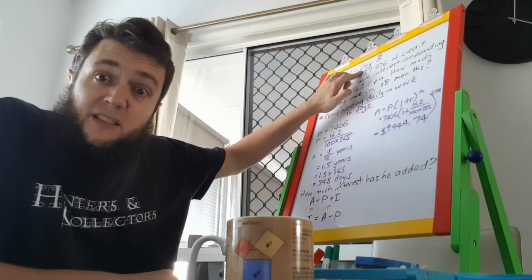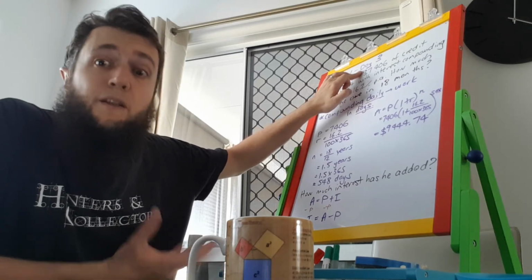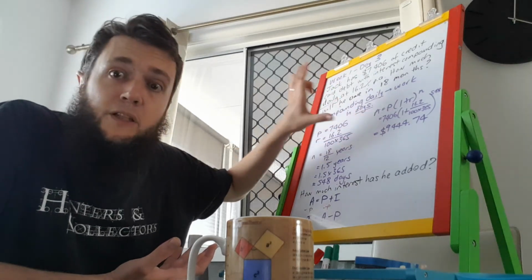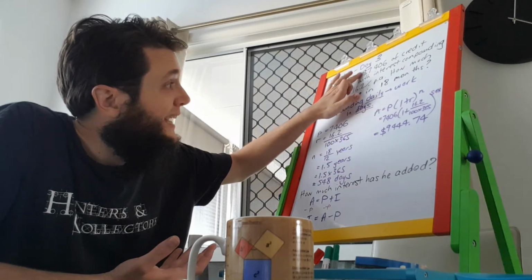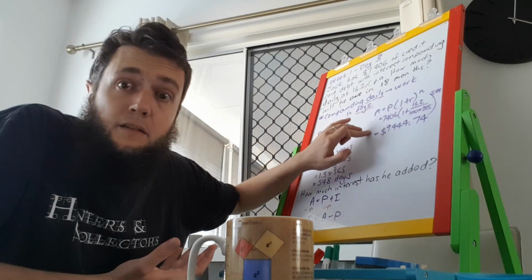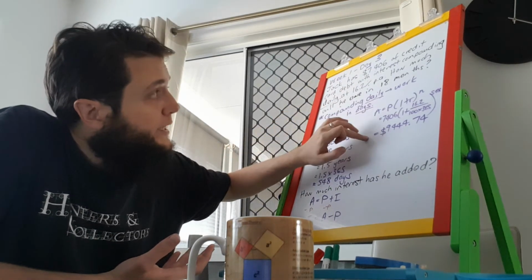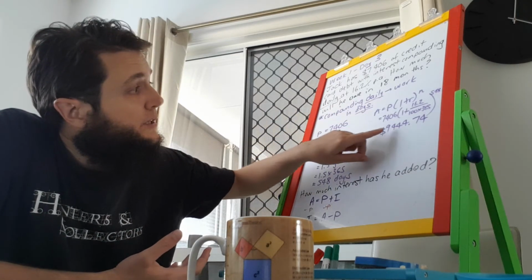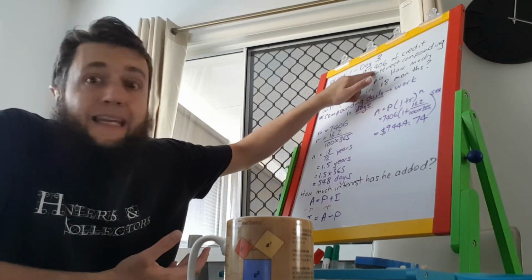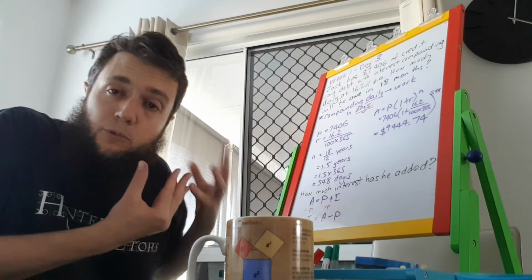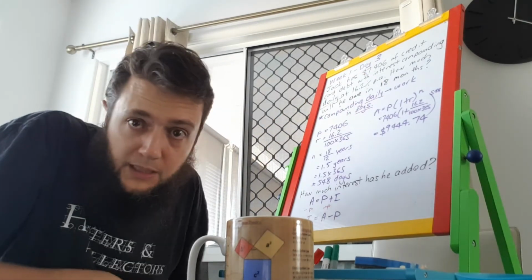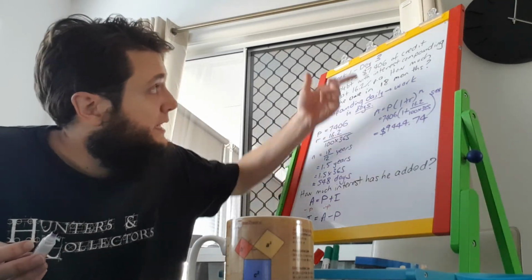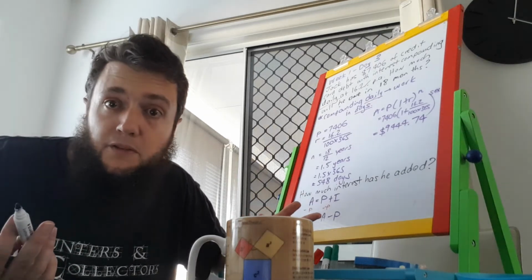That's the amount he owed at the start. What's the difference between the two? Because the difference between the two is the amount of interest, right? If he owed that and now he owes this, then the difference between the two is the amount of interest. All you need to do is go, well, he owes this amount now, take away what he owed at the start, and it will tell you how much interest he needs to pay, right? That's what that formula says. The final amount, take away the initial amount, is the amount of interest.